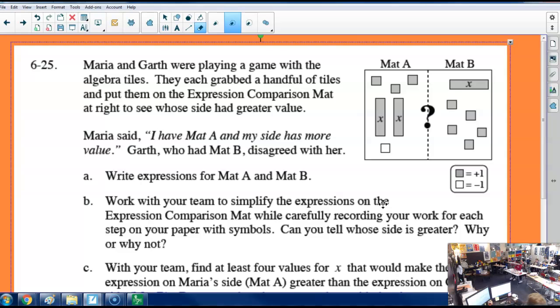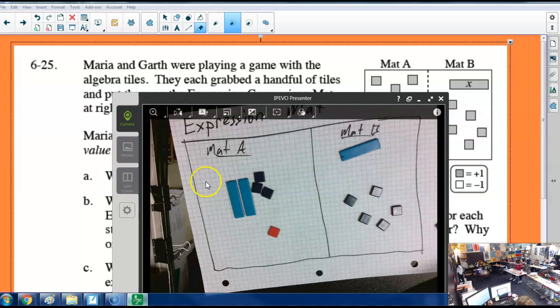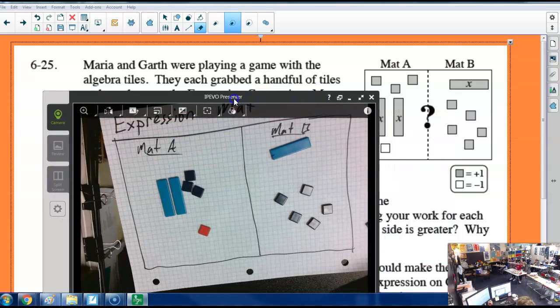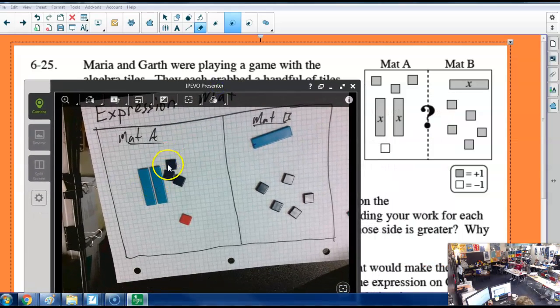Take, I don't know, 30 seconds. Pull everything off that mat that you can. Reduce it as far as you can. But that's what we have, right? 2 x's, 3, a negative, an x. Go, now. Go.